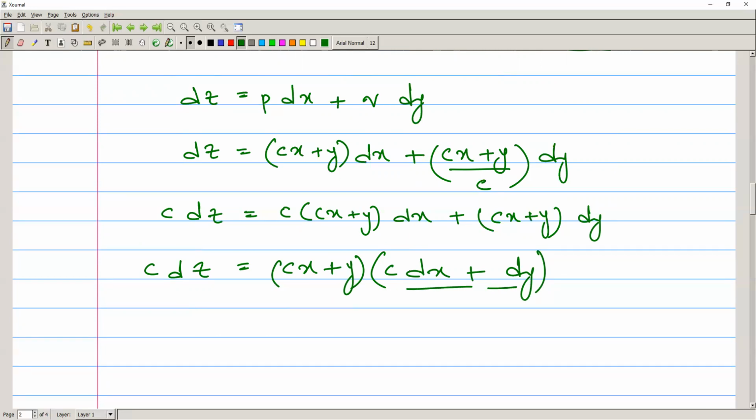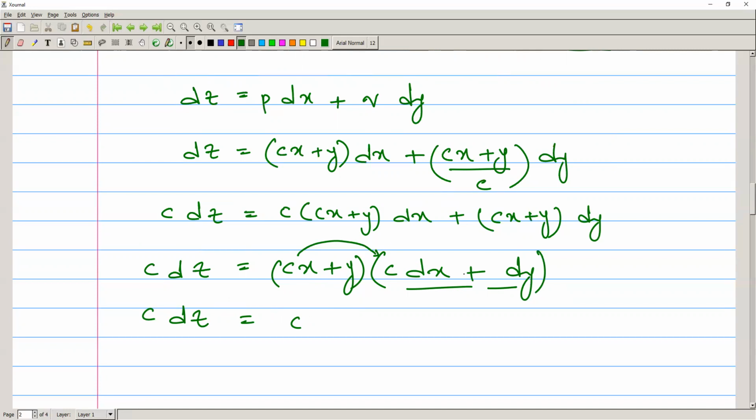When I apply the integral, I'll only be left with, if you want to write it like this, c. Now for simplification, I'm multiplying to make it easier for understanding.